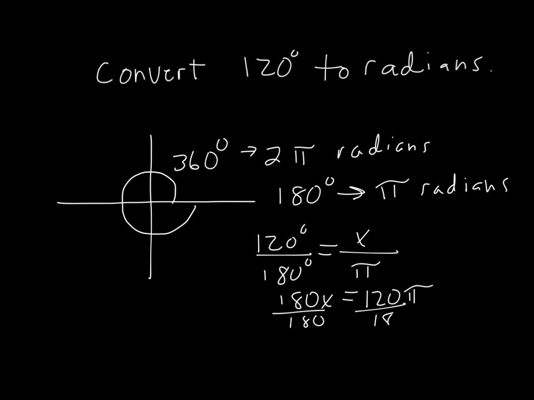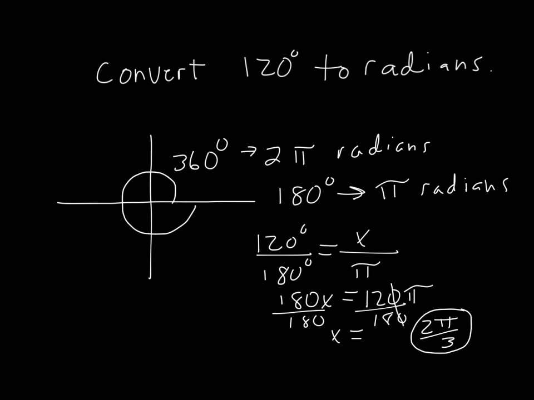The part that's going to mess with some of you is you can't just leave it like that. You have to reduce that fraction. It's pretty easy to know that 120 over 180 is just 12 over 18. But then 12 and 18 are both divisible by 6. So you actually get 2 pi over 3.